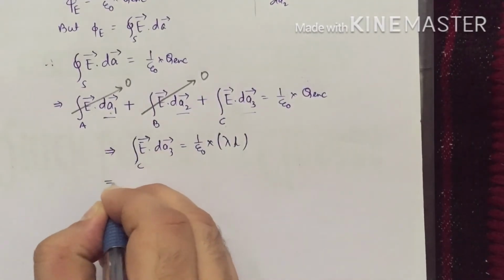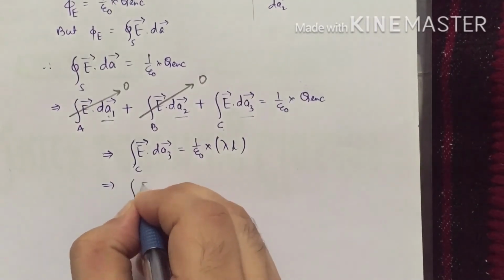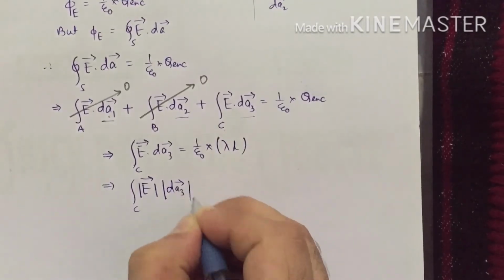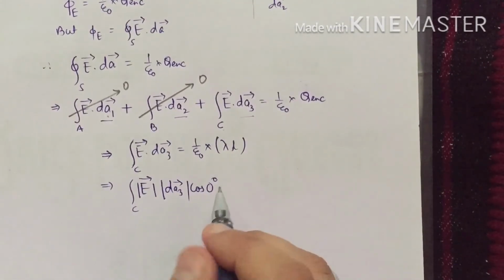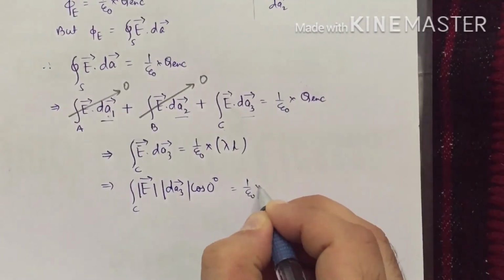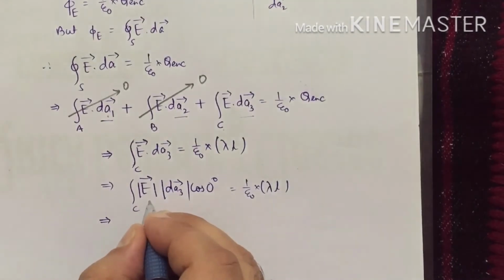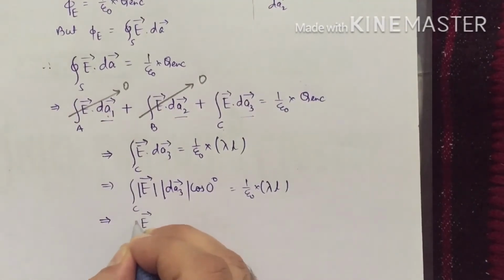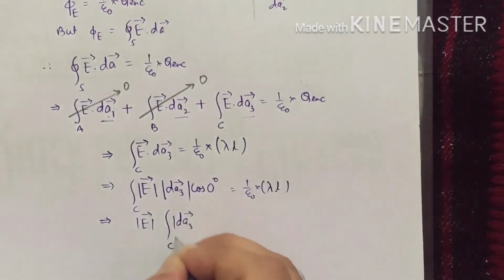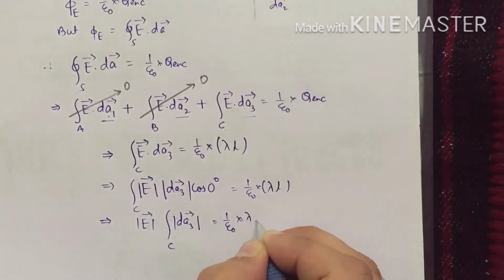So let's open this dot product: magnitude of electric field, magnitude of dA3, cos 0 degree, because the angle between electric field and dA3 is 0. This equals 1 by epsilon naught times lambda into L. Since the electric field is constant, it comes out of the integral, and let's integrate the area element dA3, cos 0 is 1, and this is 1 by epsilon naught times lambda into L.